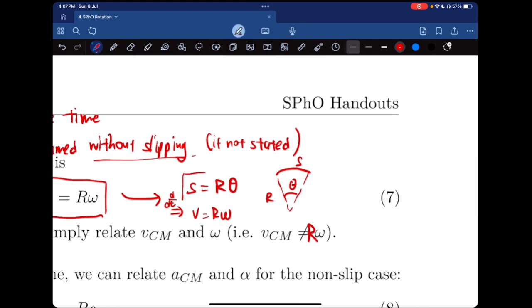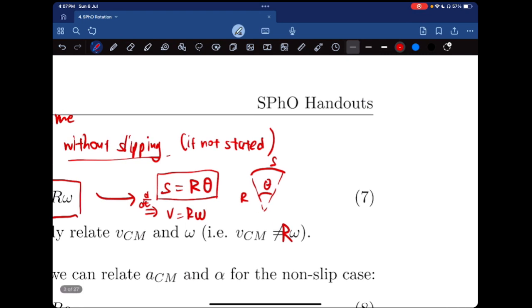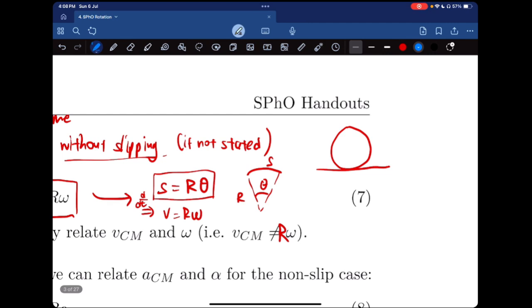And the reason why you can even write this is because if it is not slipping, then your object, let's say if your object moves like that, say we have a blue portion here. So if your object is moving this way, then if it's not slipping, you can see that after a while it will become like that.